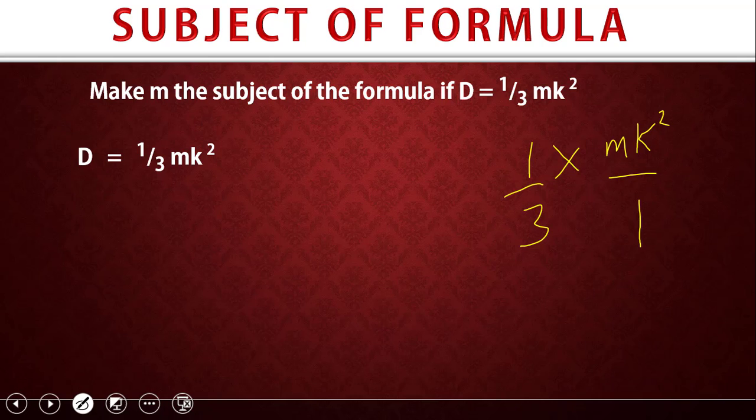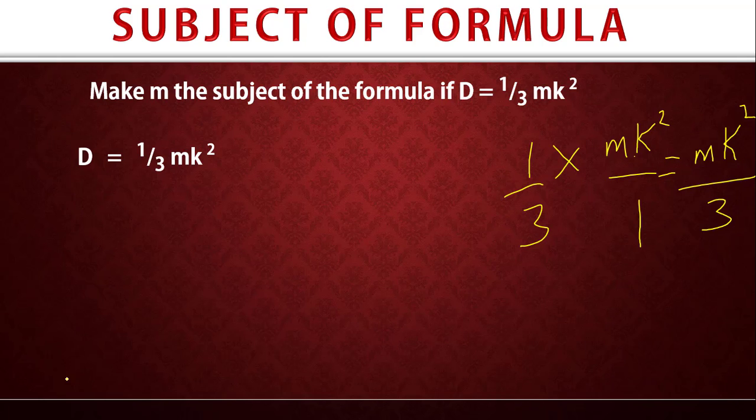When we multiply, the numerator side is 1 and this mk square, so 1 times mk square will still be mk square. Anything multiplied by 1 will still be the same thing. Over 3 multiplied by 1 will give 3. So you can see right there we have mk square over 3 for this 1 over 3 mk square.